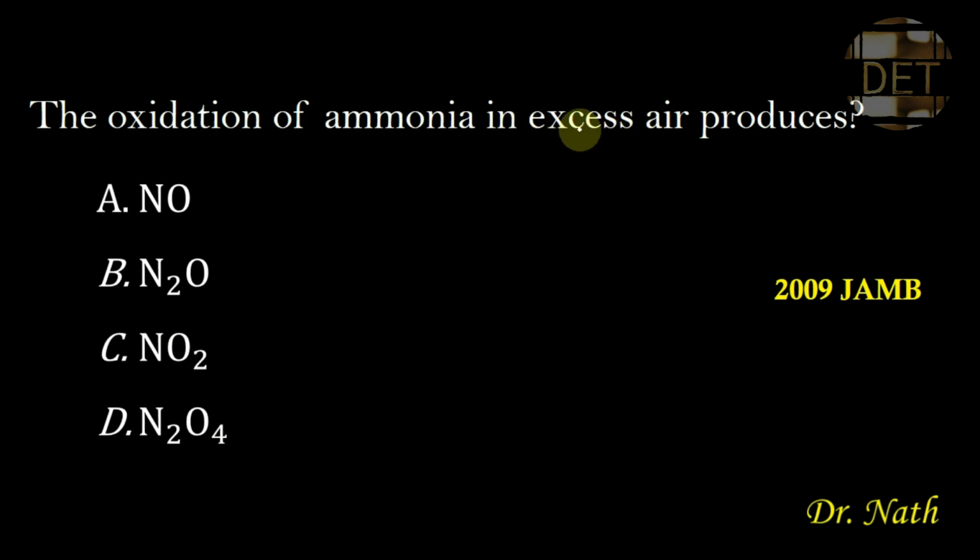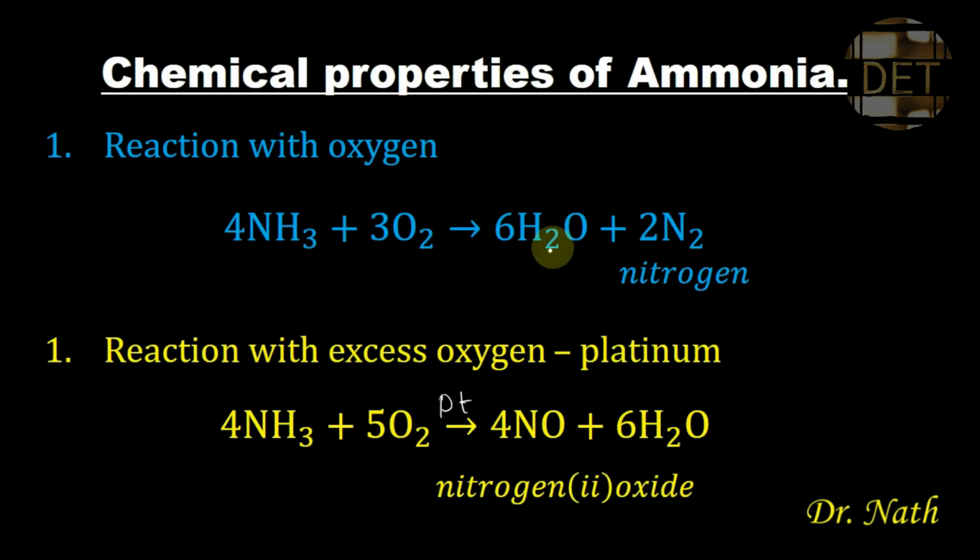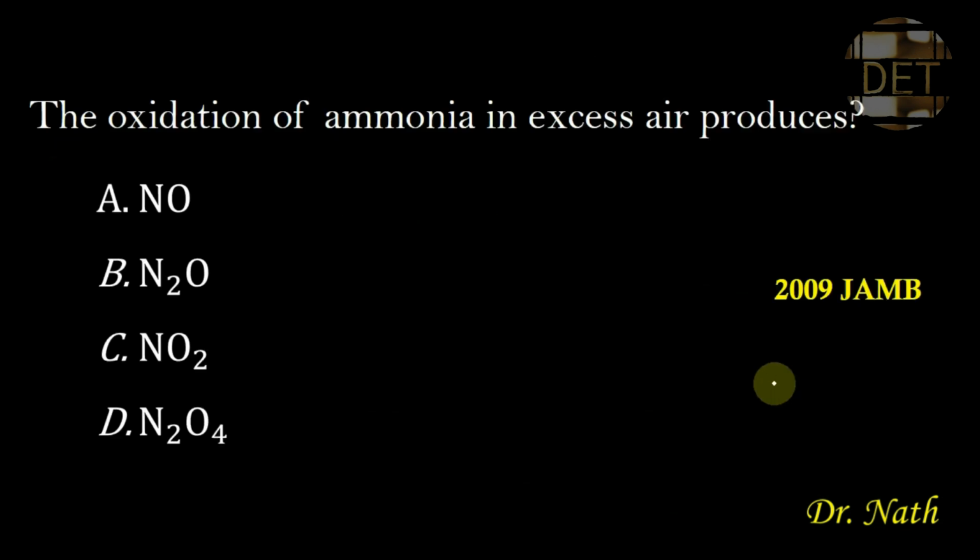When ammonia reacts with oxygen in excess, it will produce nitrogen 2 oxide with the chemical formula NO. So the oxidation of ammonia in excess air produces nitrogen 2 oxide. So option A is the correct answer to this 2009 JAM question.